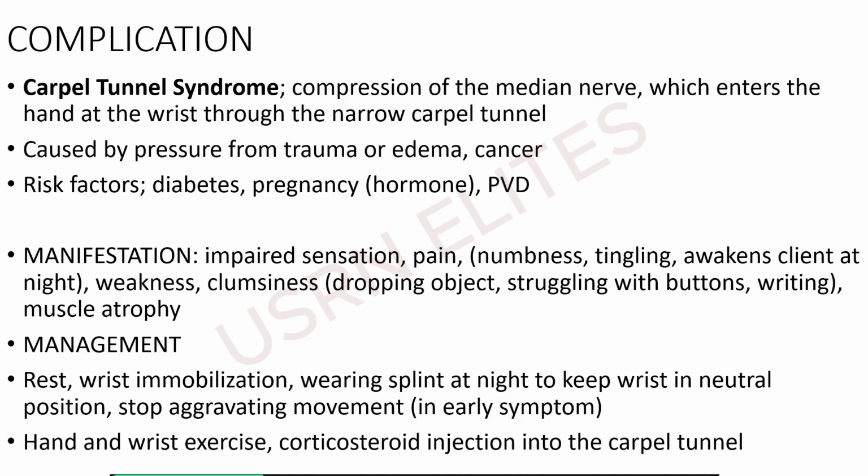Writing difficulty, muscle atrophy. I told you that once the nerve is not working, once the bone is not working, it affects the muscle, because you wouldn't use the muscle to work as well. And this one will cause atrophy. As you saw in this herniation, it can cause muscle atrophy. The same thing here.